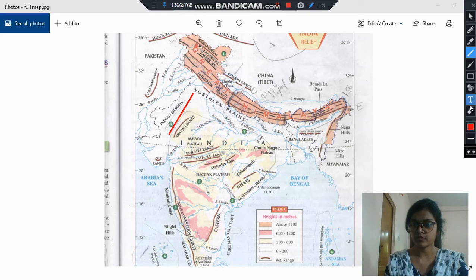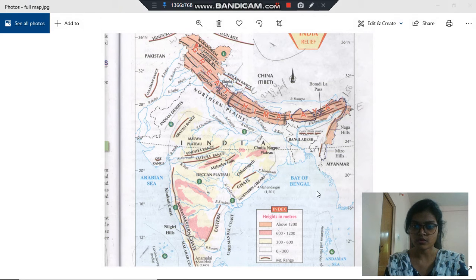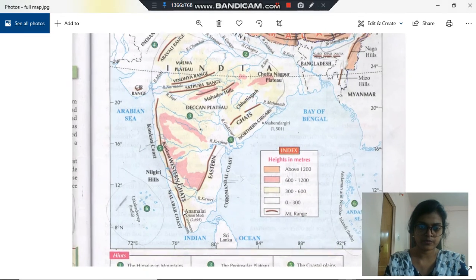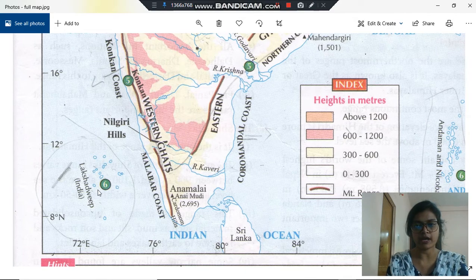Then we have Arabian Sea. In that we have Lakshadweep Island, and then we have Bay of Bengal. In that we have Andaman and Nicobar Island. Let us zoom it in and then show you. So you see, this is Lakshadweep Island.